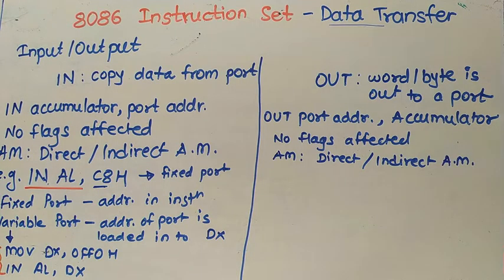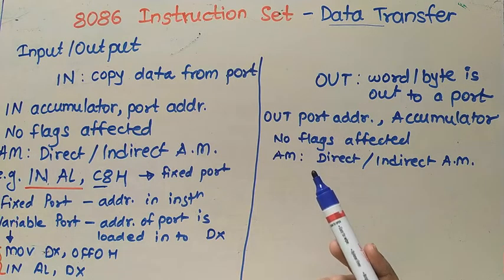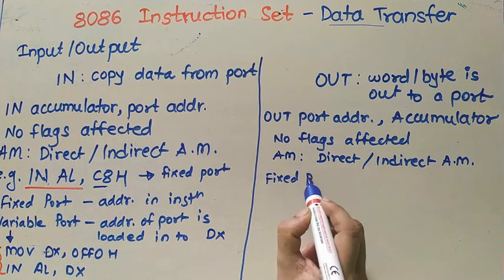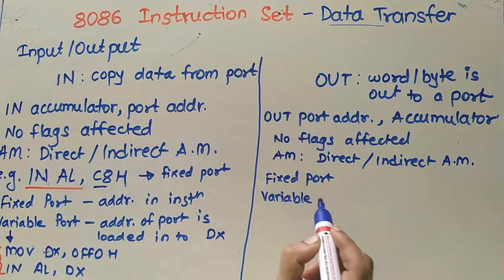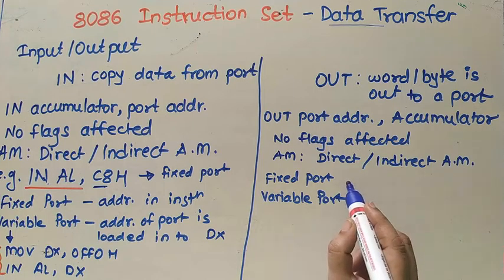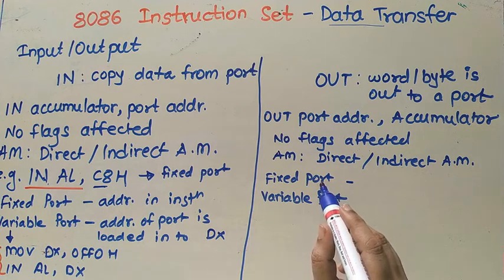Before seeing the example, for the OUT instruction there are again two possible formats. First is fixed port and second one is variable port. So in fixed port, the 8-bit port address is specified directly in the instruction, then it is called a fixed port.